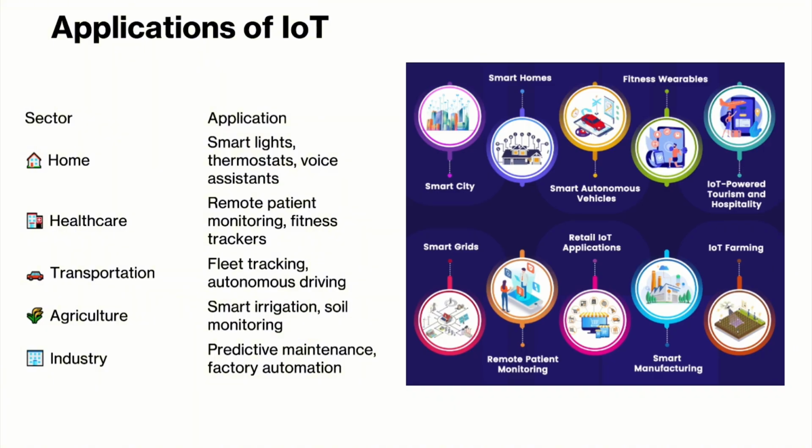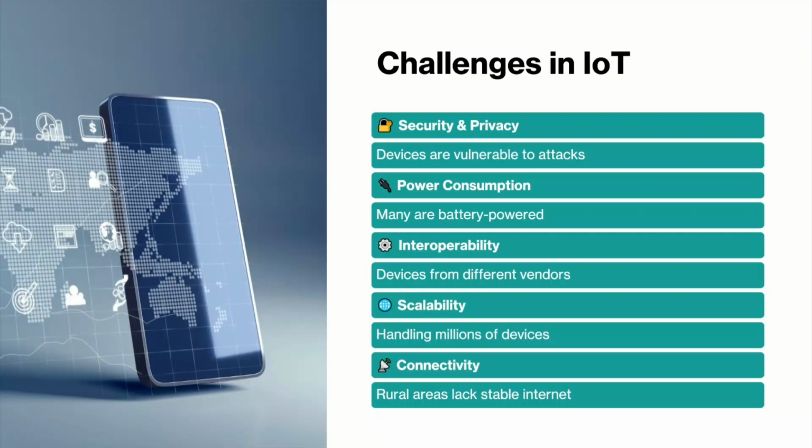In smart cities, IoT powers connected streetlights, traffic sensors, and waste management systems that optimize resources and reduce costs. Even in homes and offices, IoT enables energy-saving systems, security cameras, and voice assistants like Alexa or Google Home. All these examples show how IoT improves convenience, efficiency, and decision-making.